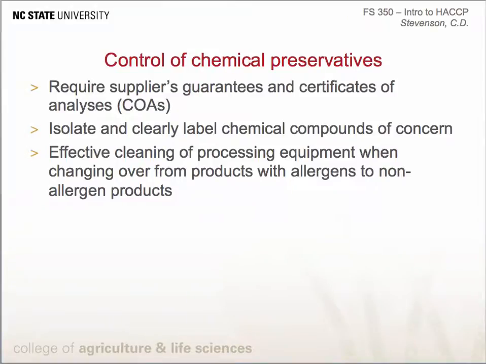We want to be very careful with all the chemicals used in the processing environment, as well as the food itself. So, suppliers' guarantees and certificates of analyses are helpful to minimize the adulteration of chemical hazards on raw materials. The best method to prevent the unintended introduction of chemical hazards in the processing plant is to isolate and clearly label those compounds which may be of concern.